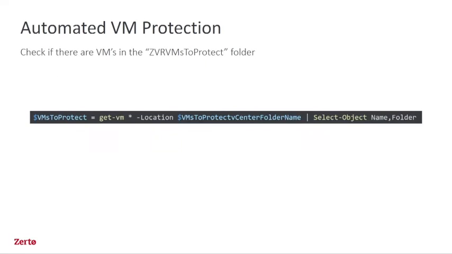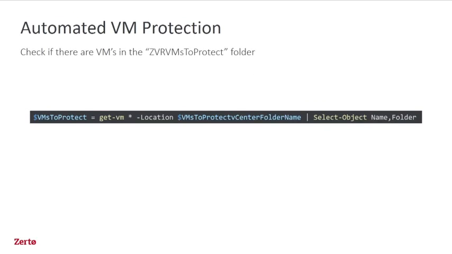So we can define our own folder name. I just called it ZVR VMs to protect. You can call it, this is what I want to protect, or look at this nice stuff, whatever you want. And we're only selecting a few of the settings we're pulling from that command, meaning the name and the folder they're in. Because we're going to use that data to also determine the VPG name.